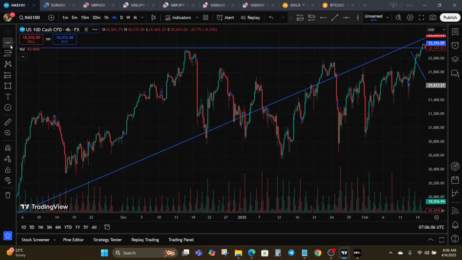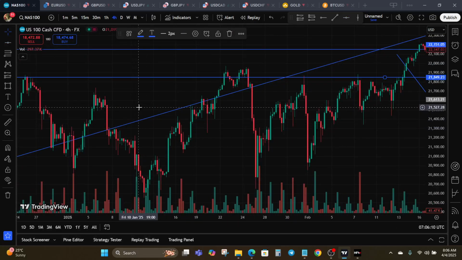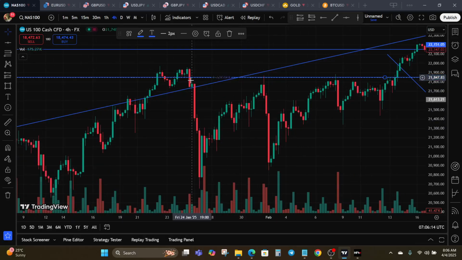For example, you can see this particular scenario again. You can see we had the top here. You can see this bearish engulfing that formed, showing that the bears were taking over. See this bearish engulfing.